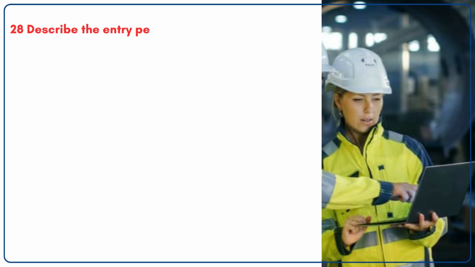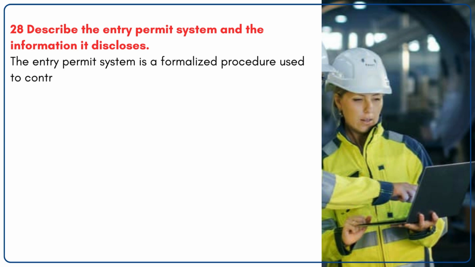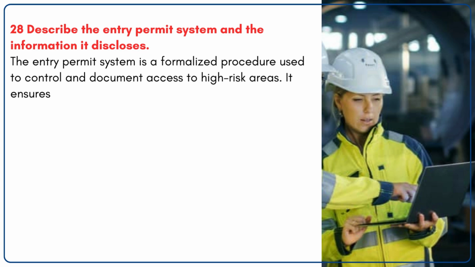Describe the entry permit system and the information it discloses. The entry permit system is a formalized procedure used to control and document access to high-risk areas. It ensures that specific safety conditions are met before entry is permitted.